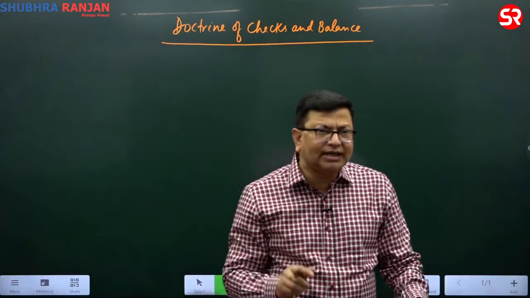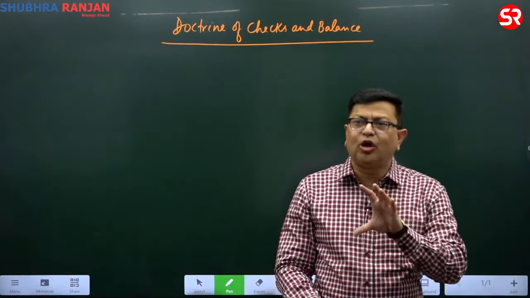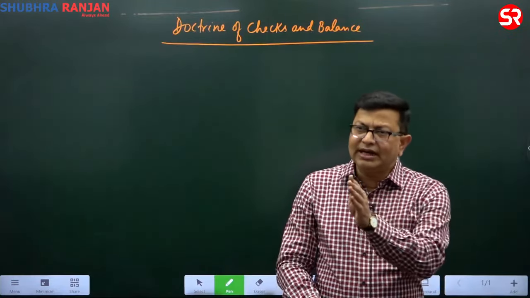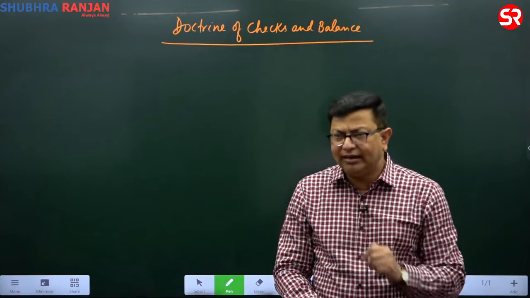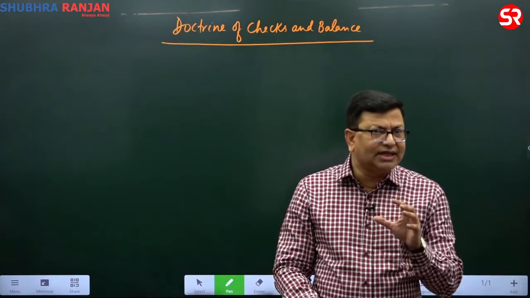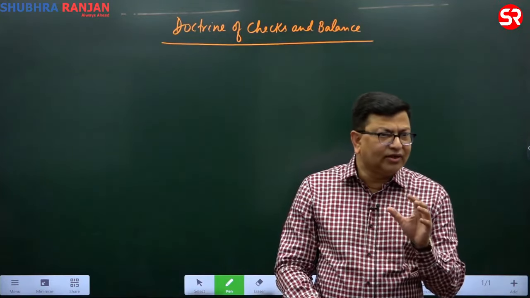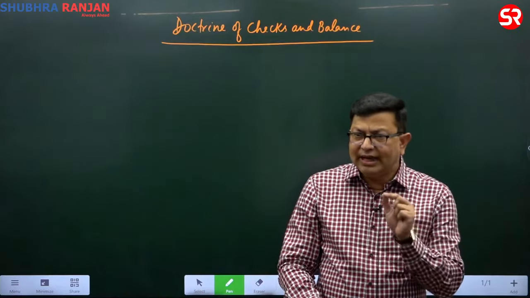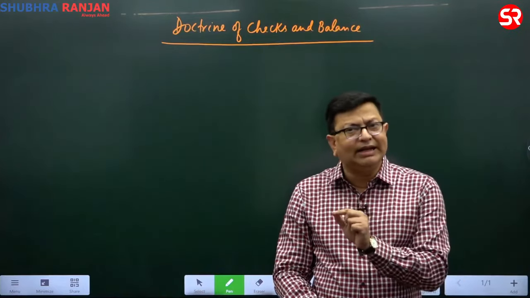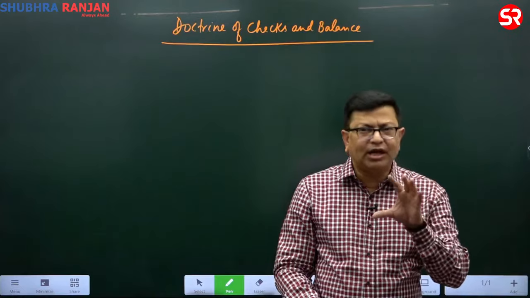Because if the question is asked on comparison, in the India case we'll be discussing it in detail. But if the question is asked, that is doctrine of separation of powers in US and in India, so how to make a comparison?